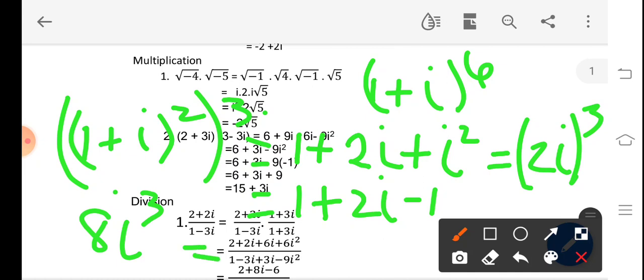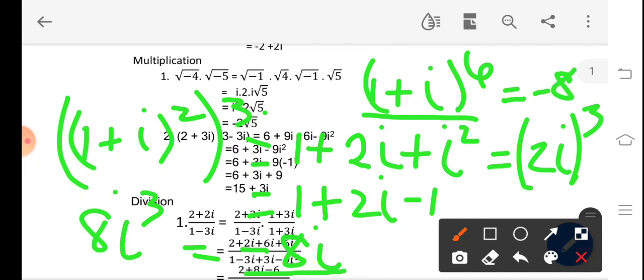So negative i times 8 is equivalent to negative 8i. So our final answer is negative 8i. So the 6th power of 1 plus i is negative 8i.